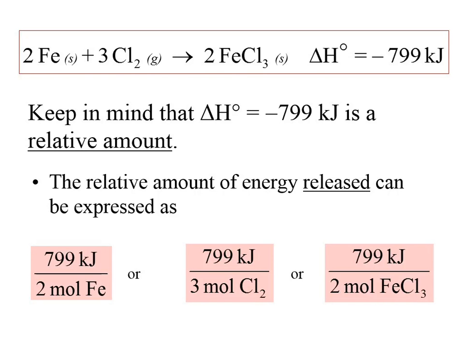Yeah? Does the sign not matter in those ratios? I think the reason this slide says as it does is it's implied there, released. I'm kind of like you. I would tend to want to go like this. Yeah. I would tend to want to do that. But it's a little bit redundant, not too much redundant, if you say released negative 799 kilojoules of energy.